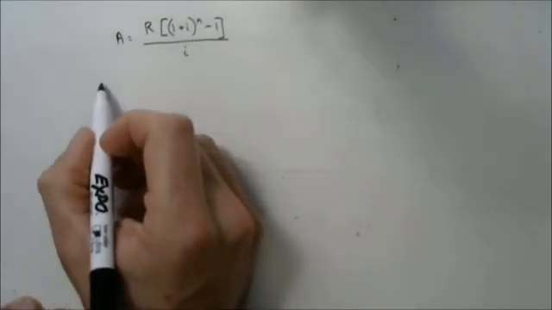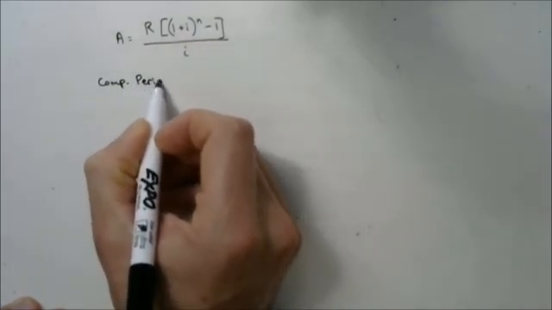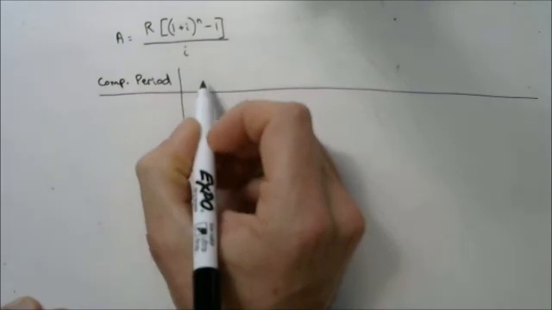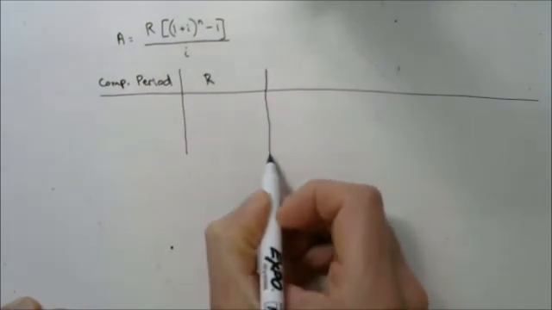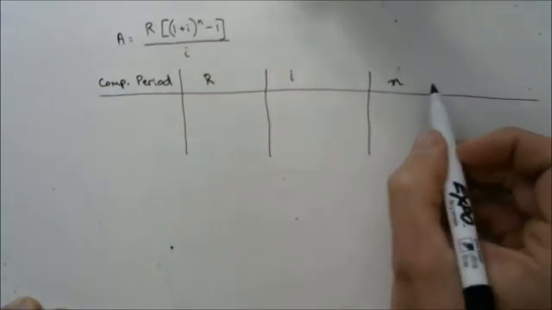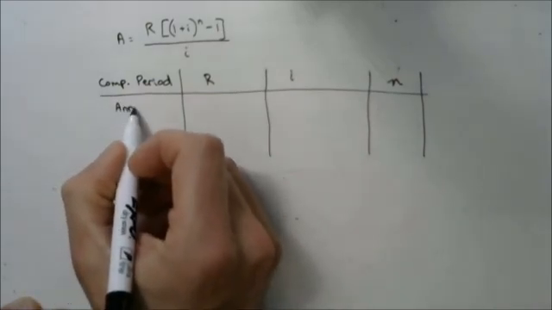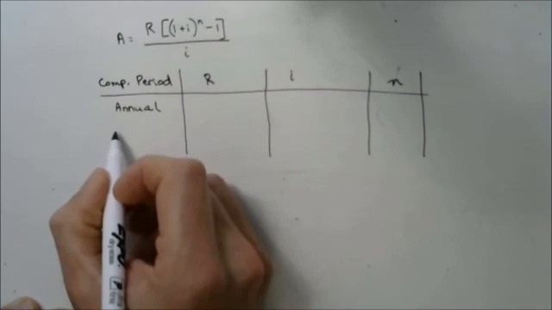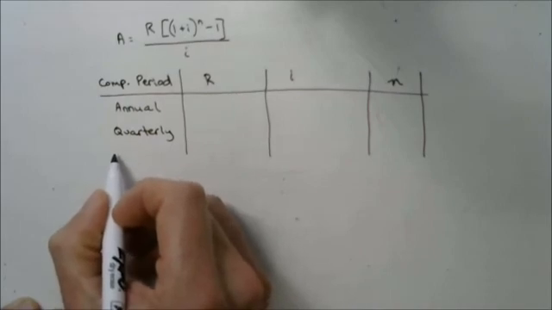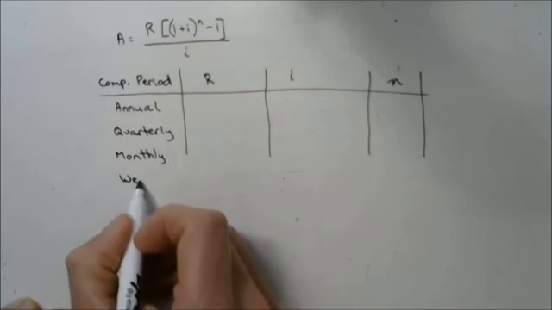Here we go. Table. Compounding period, and then our values for R, I, N. First, annual, then quarterly, then monthly, then weekly.